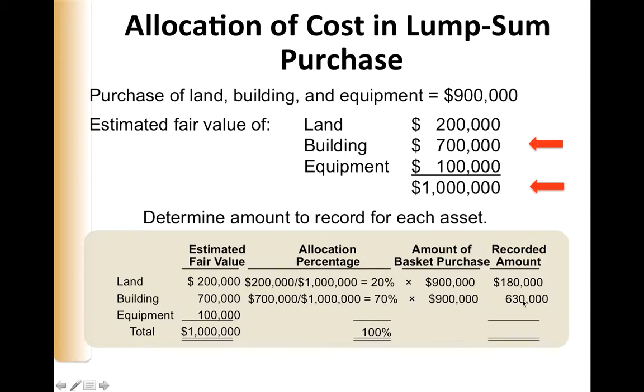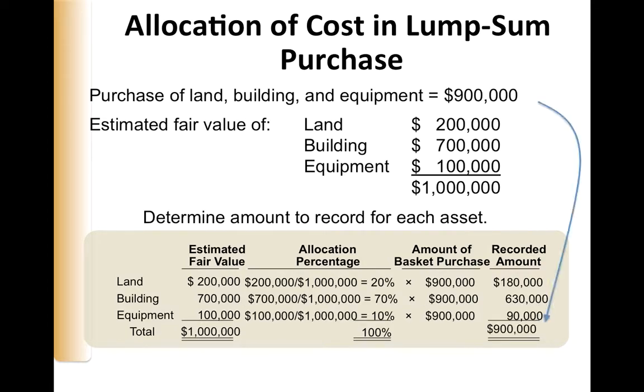So I will debit the building at 630,000. And I do the same for equipment. So these are the recorded amounts, right? So my total cash credit will be $900,000, but I will debit these three assets at these values. So I hope it makes sense.